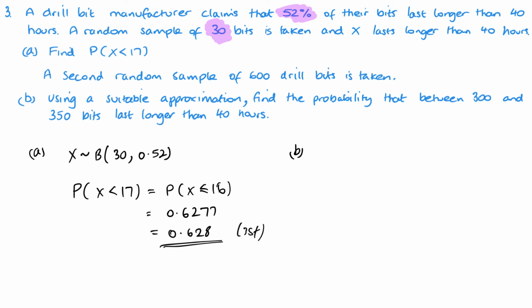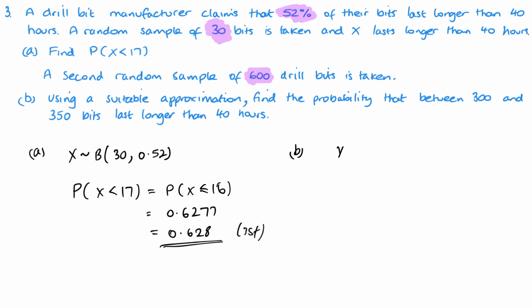It's part B where we come into the approximation. Looking at part B, we can see that there is a slight change. Second random sample of 600 drill bits. So initially it was 30 bits, this time it's 600. Use a suitable approximation, find the probability that between 300 and 350 bits last longer than 40 hours.